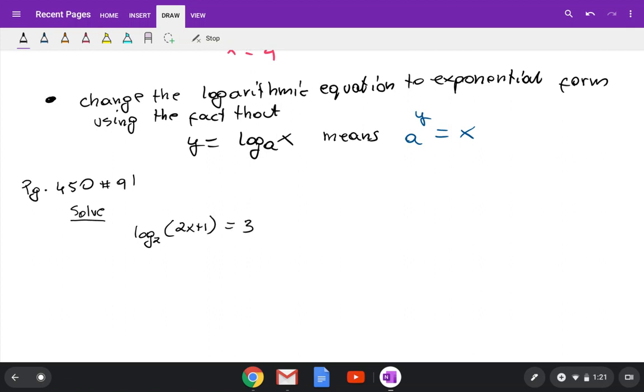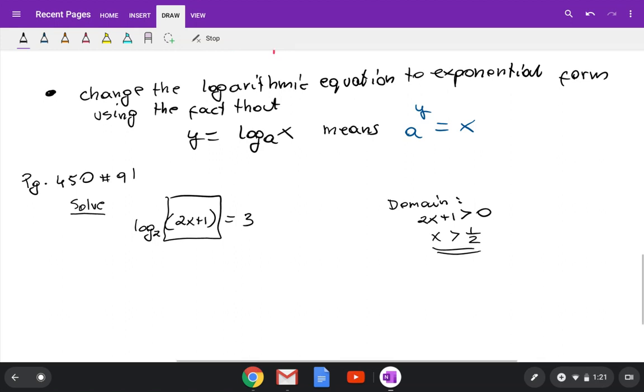So again, let's just review the domain. You always take the expression next to the log, and you have to make sure that it's positive, greater than 0. So when you solve for x, you get that x is greater than 1/2. Why is it important to have that domain on the side? Because you don't want to have those extraneous solutions.